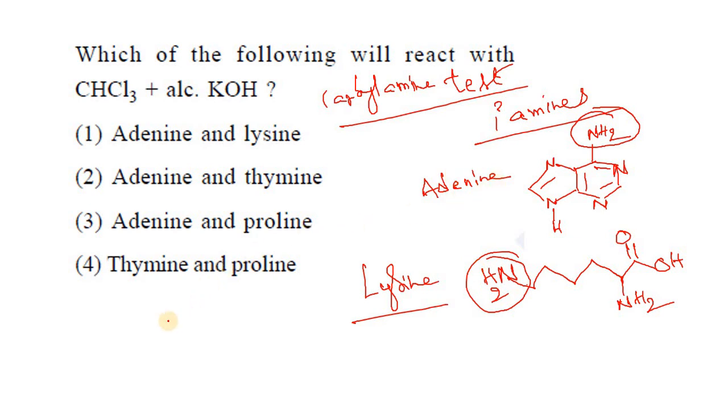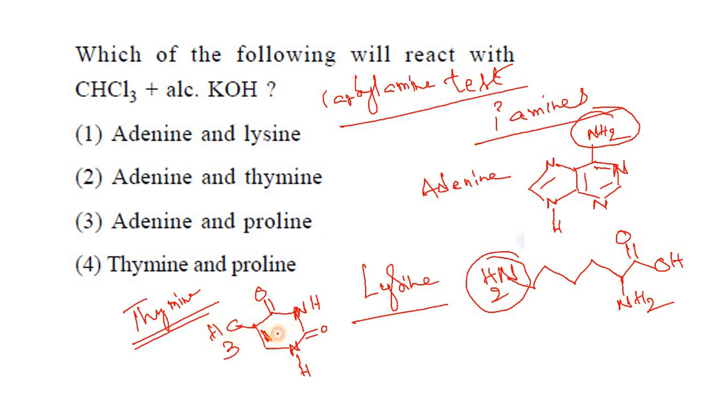And if you take thymine, this is the structure of thymine. Here NH, here there is a double bond O, here NH, and double bond O, CH3.